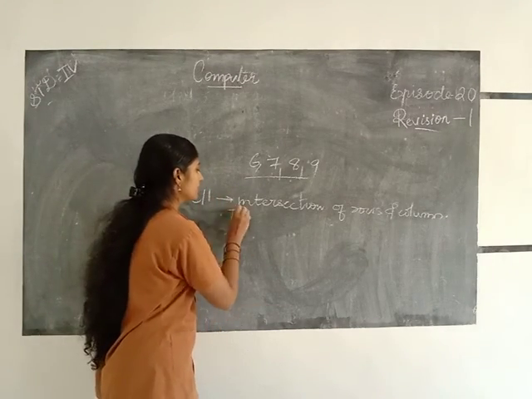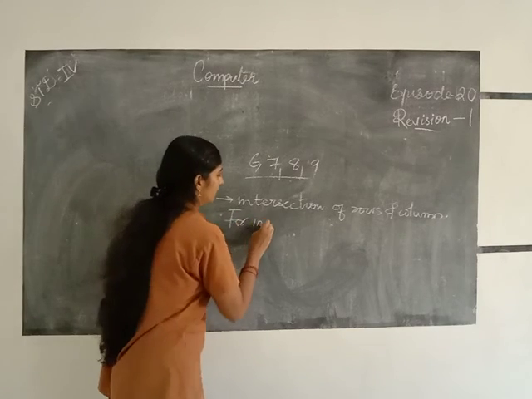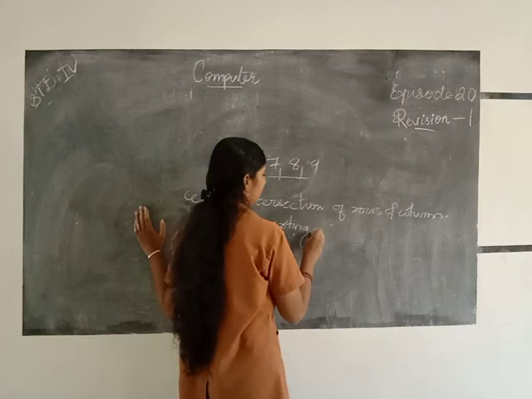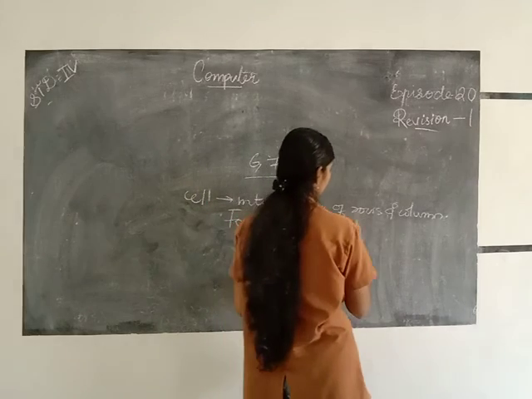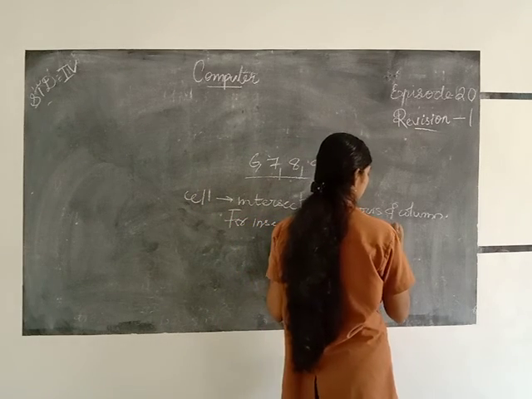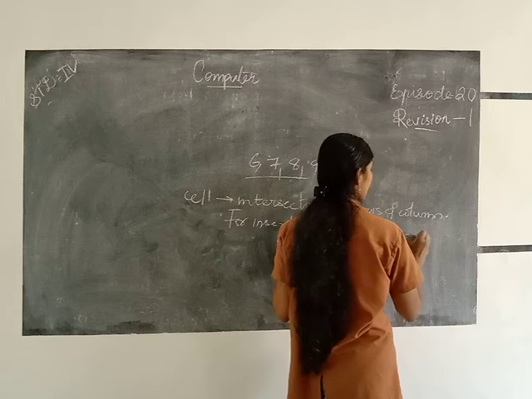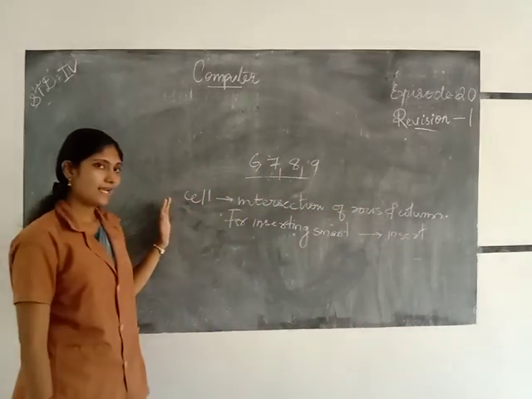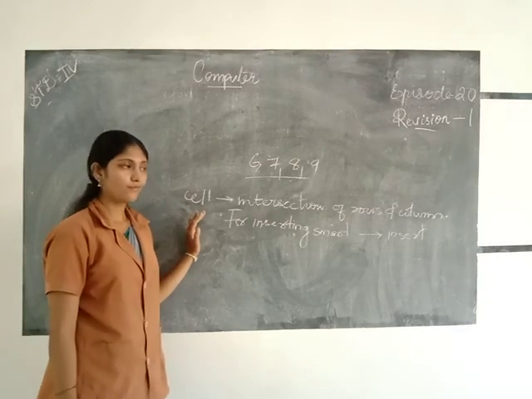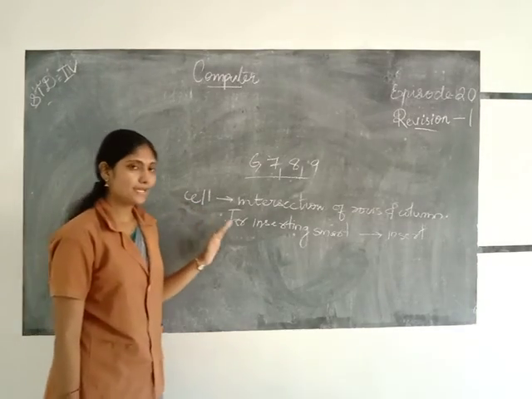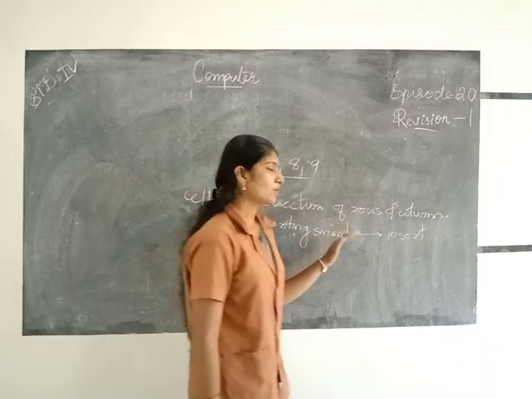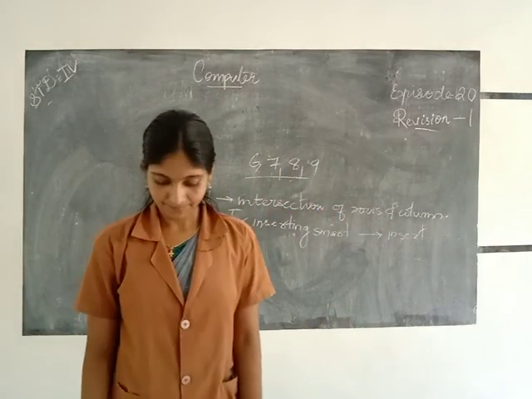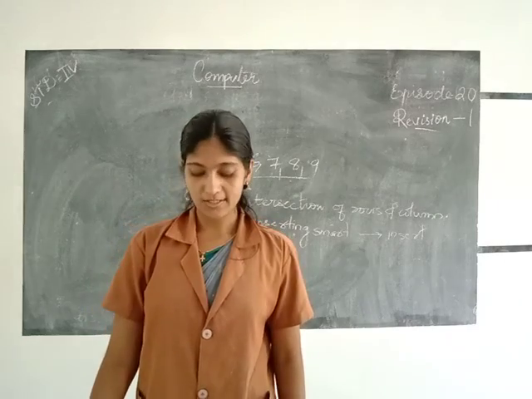So for inserting SmartArt, click the Insert tab, then click SmartArt. So first point, a cell is the intersection of rows and columns. For inserting SmartArt, you have to click on which tab? Insert.